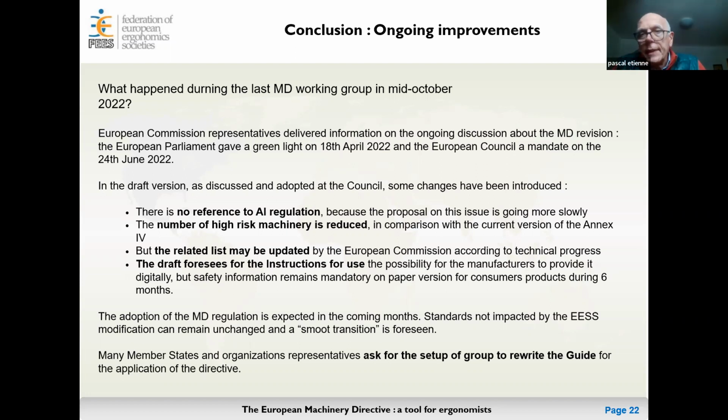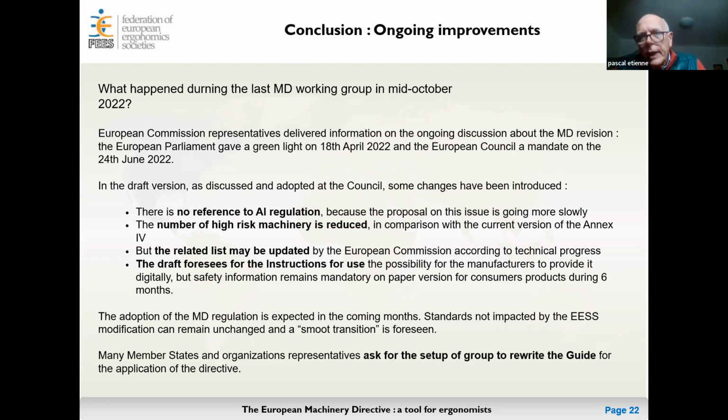So there is, as I said, no more reference to the artificial intelligence regulation because the proposal on this issue is going on more slowly. The number of high-risk machinery is reduced in comparison with the current version of the Annex 4, but in the new so-called Annex 1 concerning high-risk machinery, there is two parts, one part with compulsory third-party assessment and another part with the possibility of other kind of assessment.